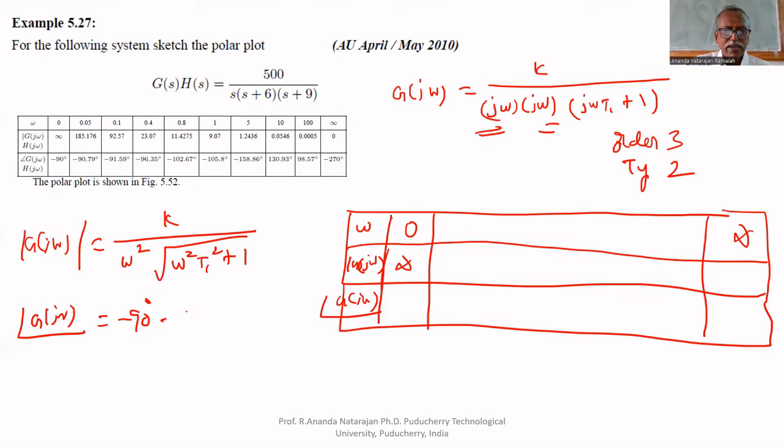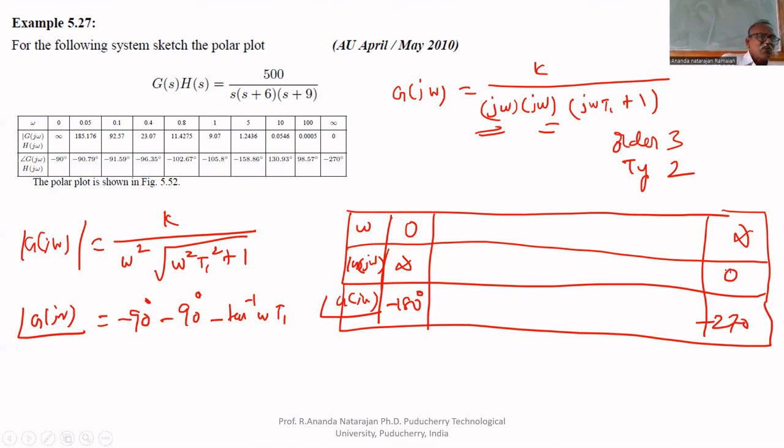What is the angle? Angle of G of j omega equals minus 90 for the first one, and again minus 90 for the second one, minus tan inverse of omega tau 1. When omega equal to 0, you will get minus 180. When omega equal to infinity, you will get minus 270, and magnitude 0.